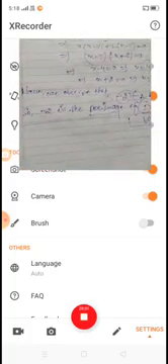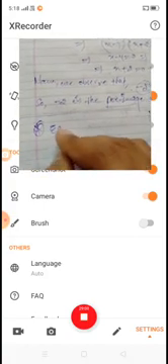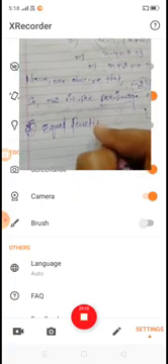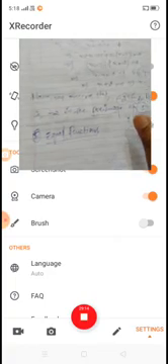Now we discuss a little bit about equal functions. What are equal functions?